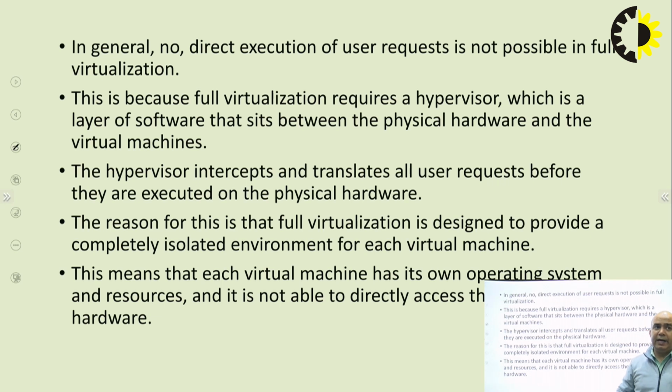In general, we cannot directly execute the request in full virtualization, because full virtualization requires a hypervisor, which is a layer of software that sits between the physical and the virtual machines. So it requires some translations that are done by the VMM.